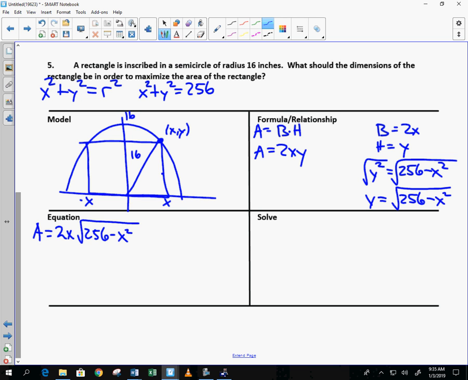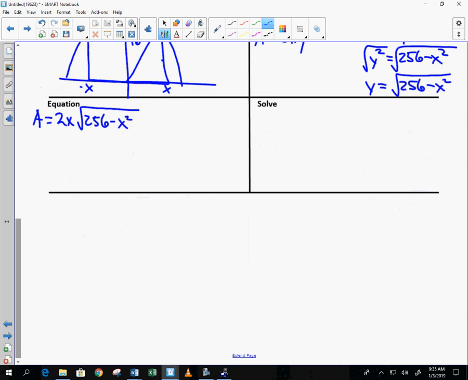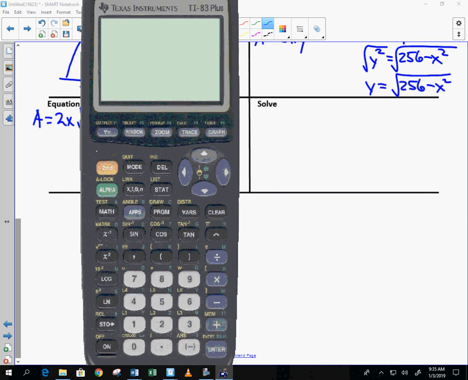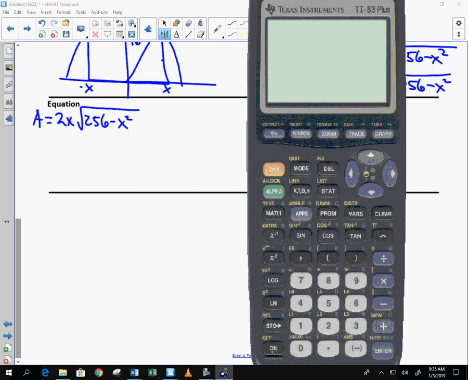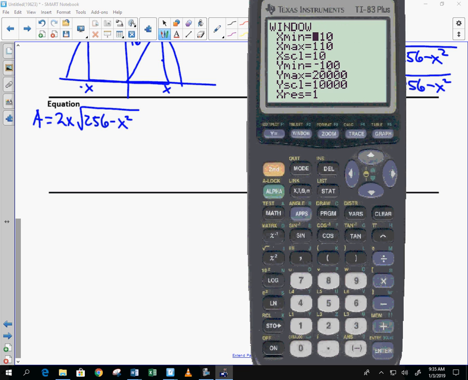This is what's awesome. Do you have any idea what shape that makes? You want to graph it on your calculator, huh? So I take y equals 2x times the root of 256 minus x squared, and I go to my window.